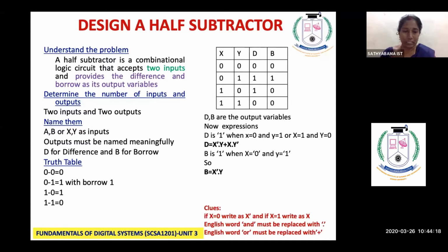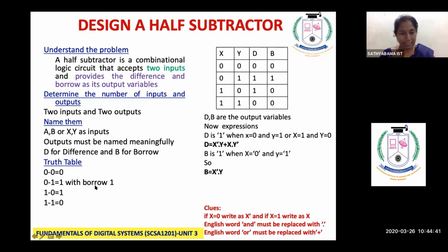That is why I wrote here, we are having a borrow 1. And when you borrow a 1, 0 becomes 1, 0. 1, 0 in binary number system is equal to 2 in decimal number system. So it is 2 minus 1. 2 minus 1 is what? 1. That is why I have written 0 minus 1 is 1 with a borrow 1.